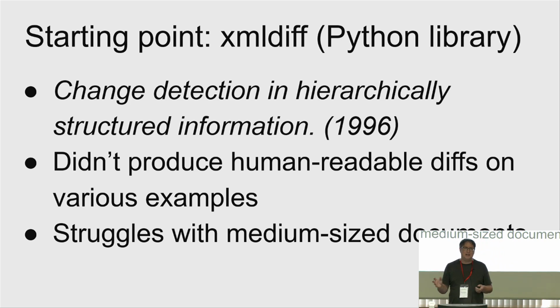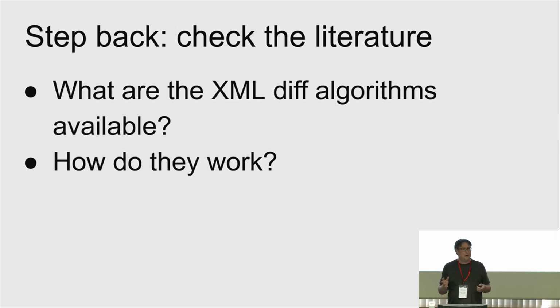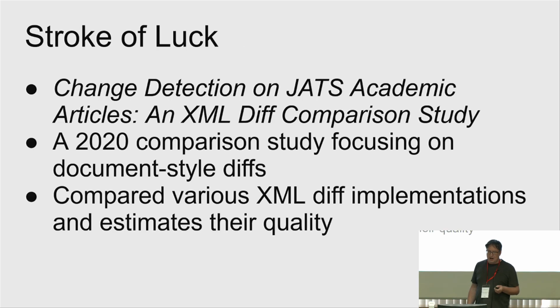So I looked at it, thought, can I improve this algorithm? And I thought, well, let's step back, let's look at the literature, see what people have done with XML diffs. How do you do an XML diff in the first place, like a tree structural diff? And then I had a stroke of luck because I found a 2020 paper that did a whole literature review of the last 20 years or so of XML diffing tools, and it focused on document-style diffs, which is exactly what I needed.